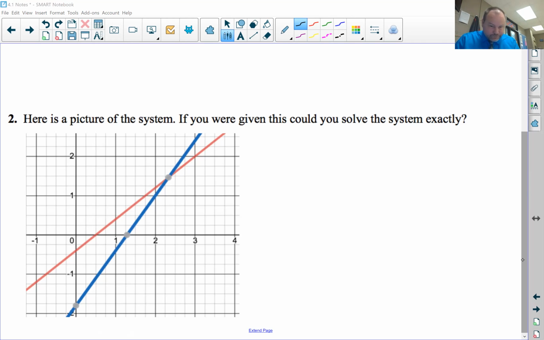So we do have a point of intersection, but do I know the exact x and y coordinates? If I do, then the answer is yes.